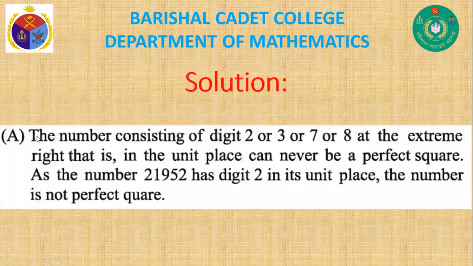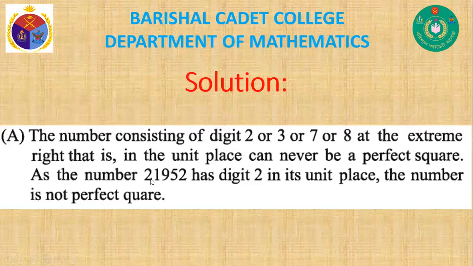First of all, number A. The number consisting of digit 2, 3, 7 or 8 at the extreme right, that is in the unit place, can never be a perfect square. Boys, in my first class, I told you that if the unit place of a number is 2, 3, 7 or 8, then that number must not be a perfect square number.